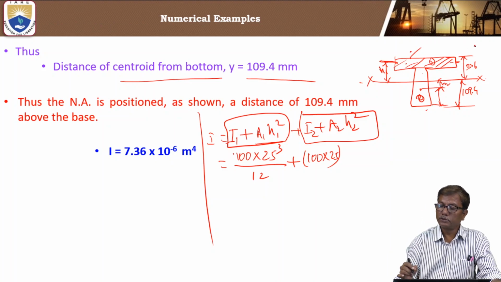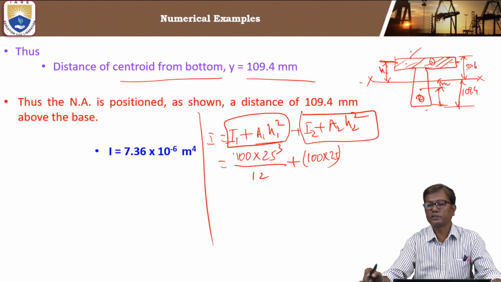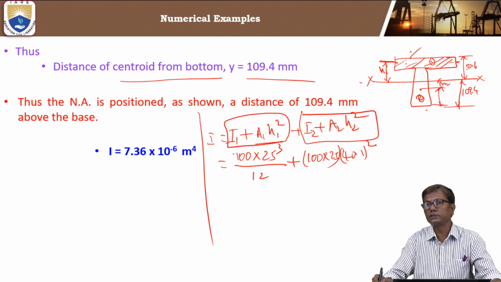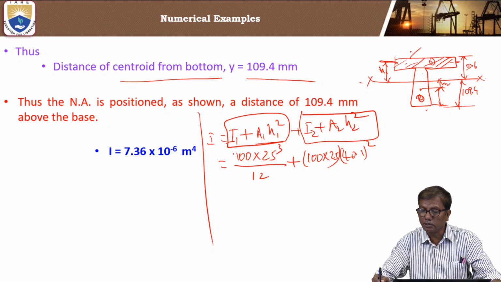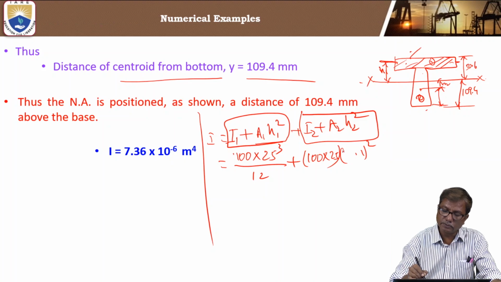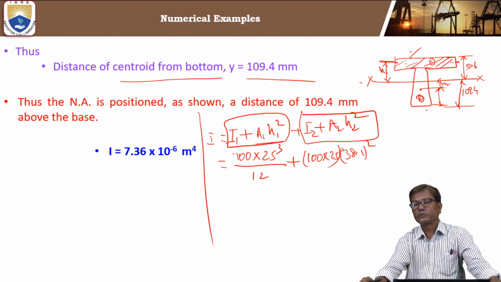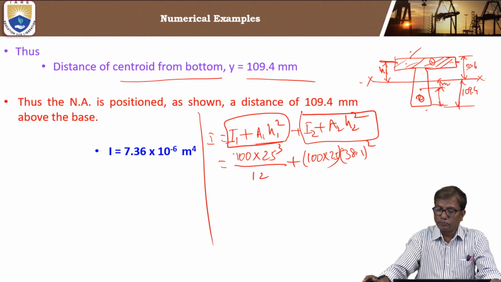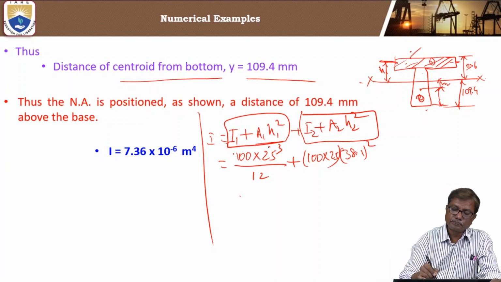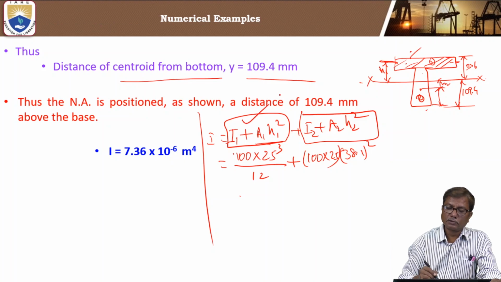So 50 minus 12.5, that is 40, sorry, it is 38.1. 38.1 square. This is for the plate.